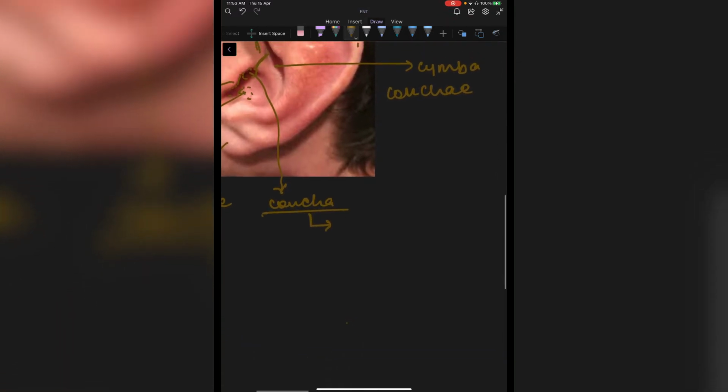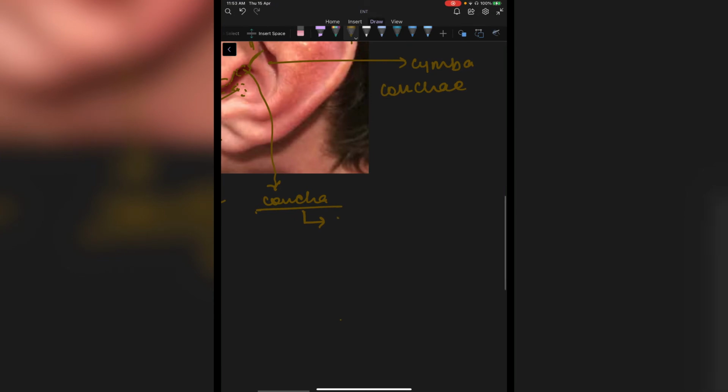Now the concha is also the starting point of the auditory canal.